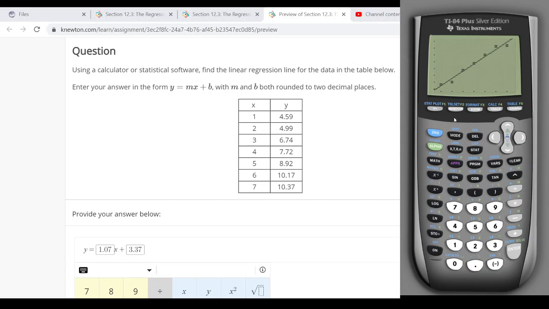Okay. Now, if you want a little more accuracy, go back to y equals. Let me clear this. Those were rounded values, 1.07 and 3.37. If you want those unrounded values, the more accurate ones, and you want to graph your regression equation, this regression line, at y1 equals, hit the VARS button, hit number 5 for Statistics, and then move over twice to EQ, equations.